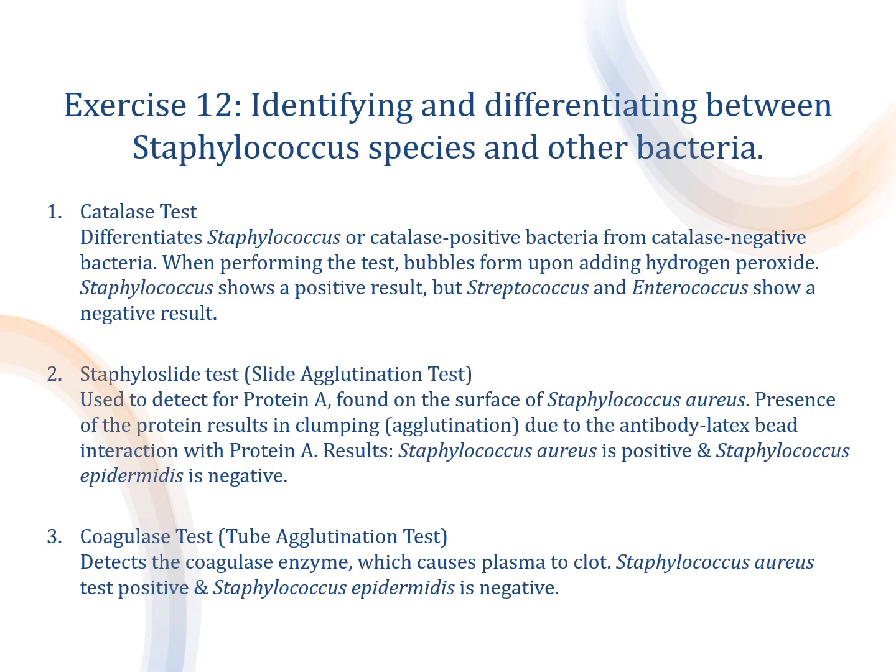So a positive catalase reaction is the production of bubbles after adding hydrogen peroxide to the glass slide with the bacteria. Staphylococcus is positive and Streptococcus is negative for catalase activity.